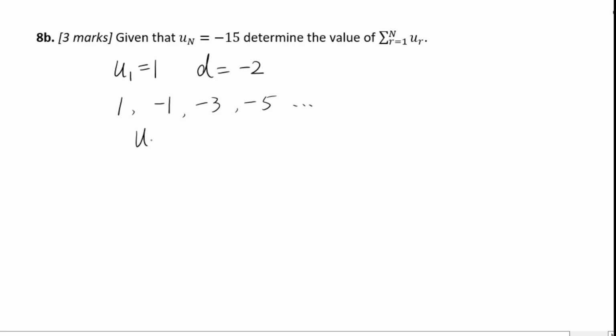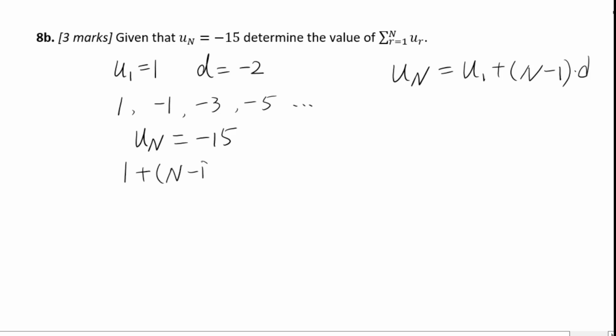We know U sub n equals negative 15. So U sub n equals U sub 1 plus n minus 1 times D. According to this formula, 1 plus n minus 1 times negative 2 equals negative 15. We will figure out this n.